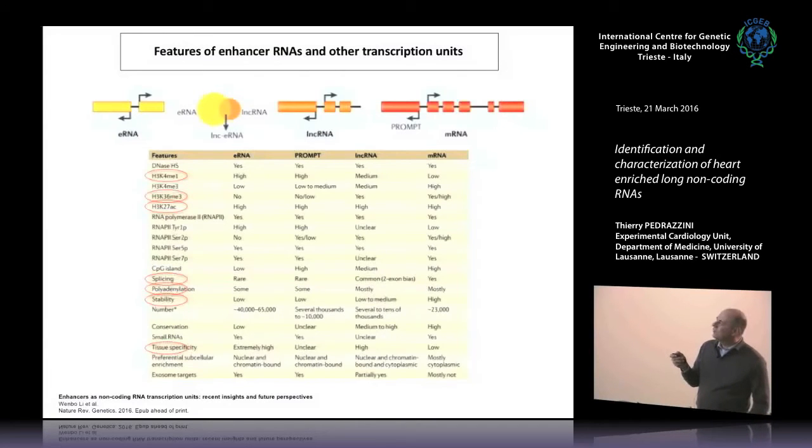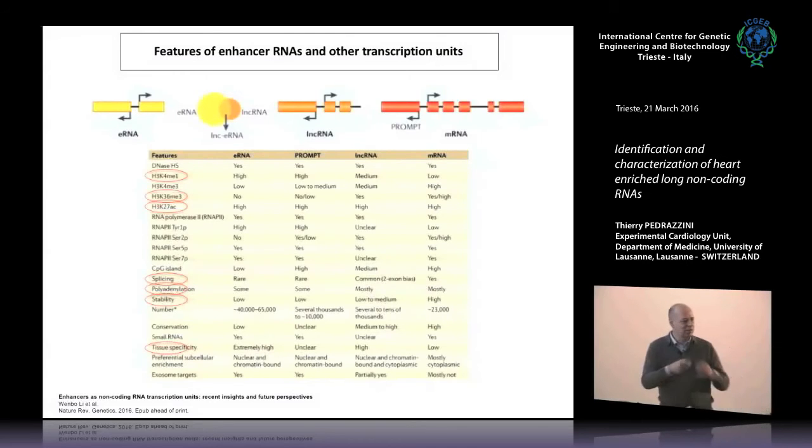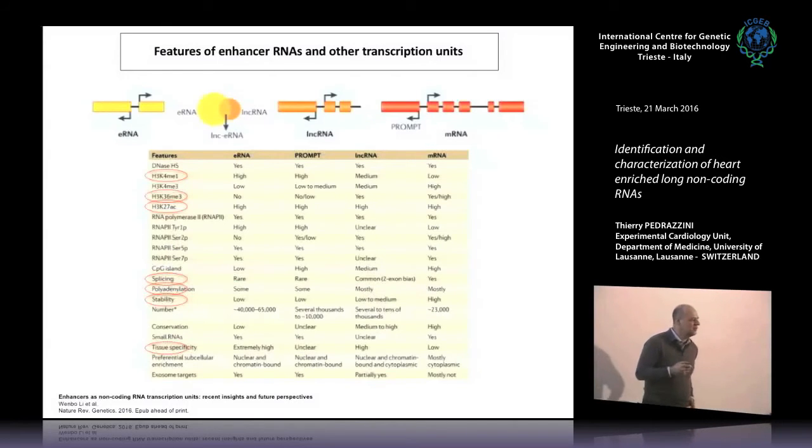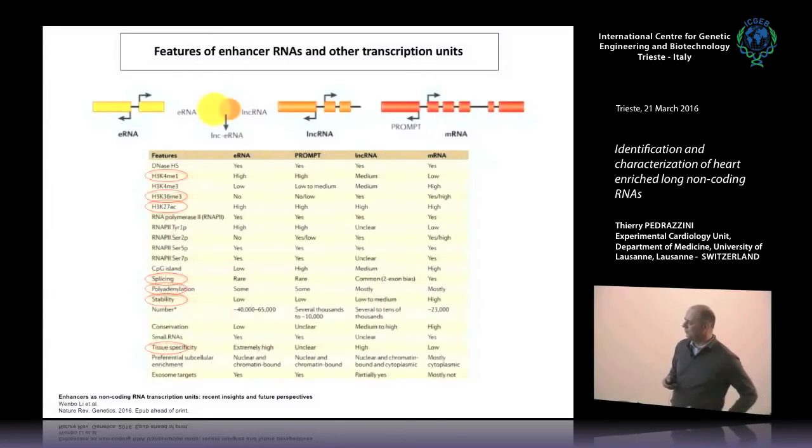Now, what the authors have considered is that in some instances, enhancers are associated with lncRNA, not with just a bidirectional transcript. And this small group here, we believe, is extremely important in controlling cell identity. And by chance, this is the group we have been studying in the context of our research.